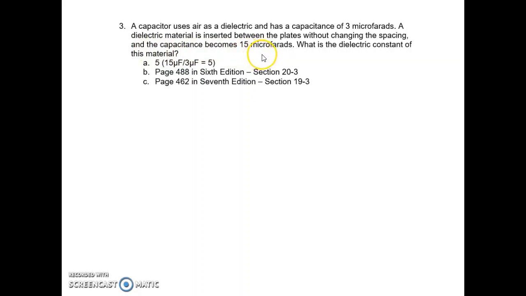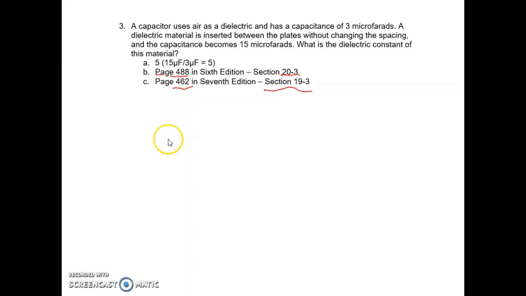What is the dielectric constant of this material? So this is explained in the 6th edition. It's explained on page 488, section 20-3. In the 7th edition, it's page 462, section 19-3. And here's the math up here.